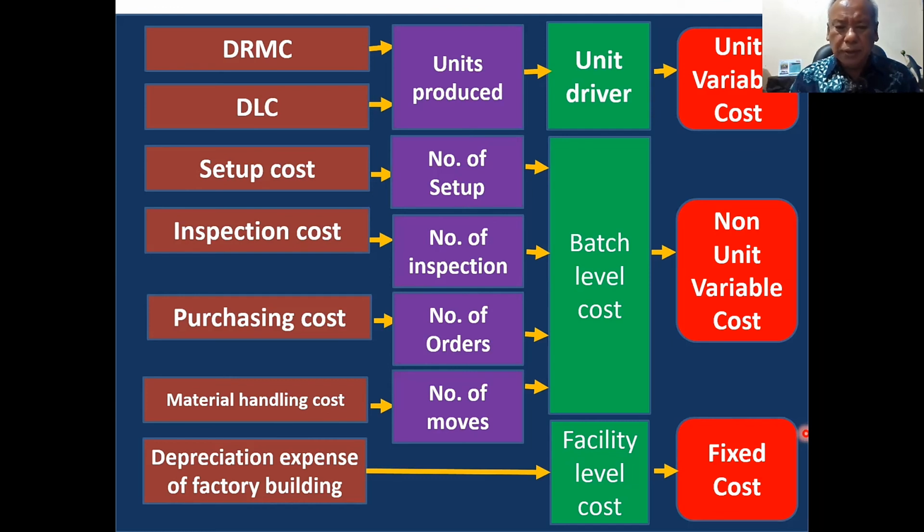Which one is higher in terms of fixed costs between the functional and the activity? Of course, the functional approach will have higher fixed costs, because the batch level costs are classified as fixed costs. In the activity based cost behavior, only facility level costs are classified as fixed costs.